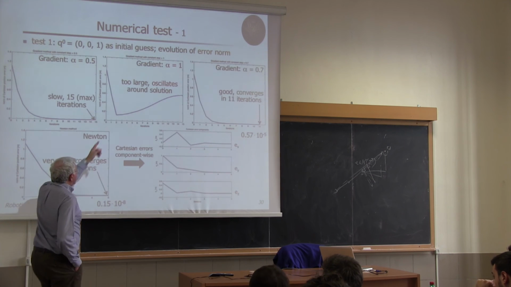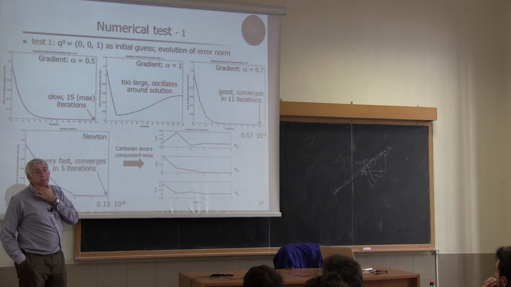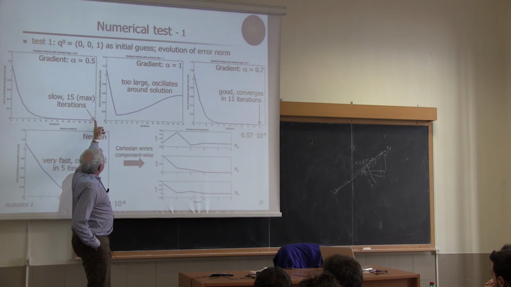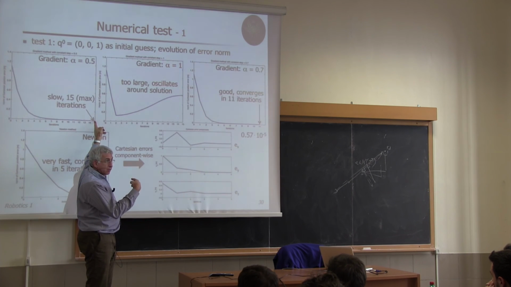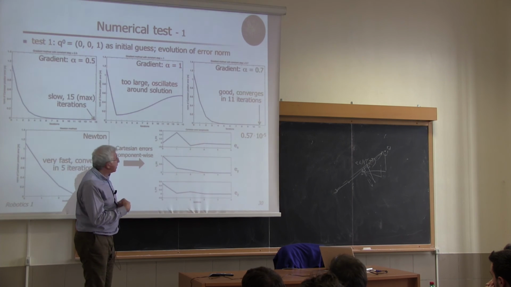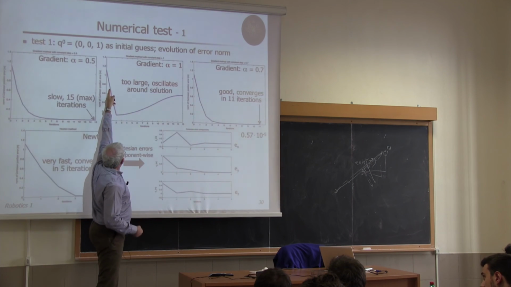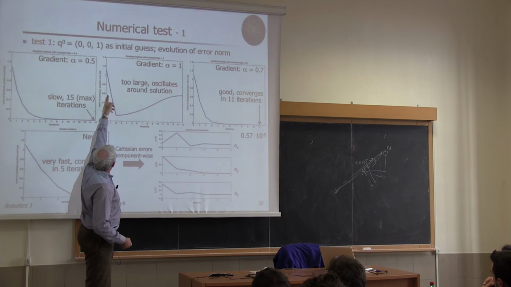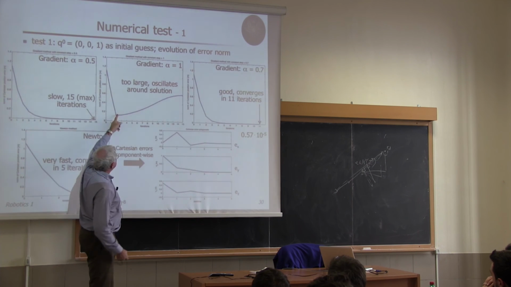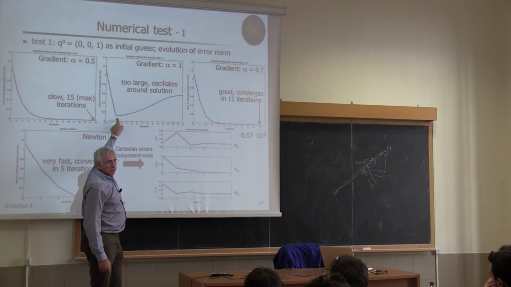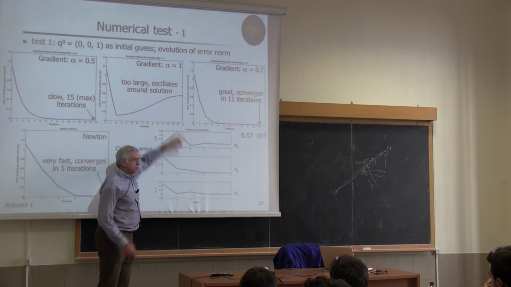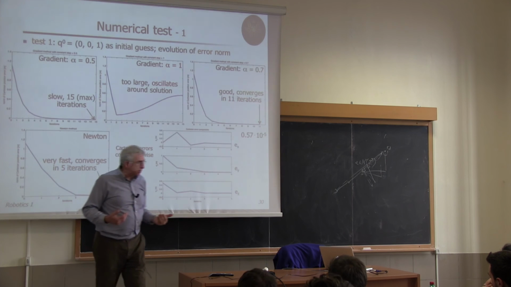Now, if I take a bigger alpha, here I stop because I didn't yet converge to the accuracy that I've chosen, but I reached the maximum number of iterations. Here I see that I go down after 2 iterations very fast, faster than that, because I'm taking a larger step. But all of a sudden, the error increases, which means that I'm missing something.